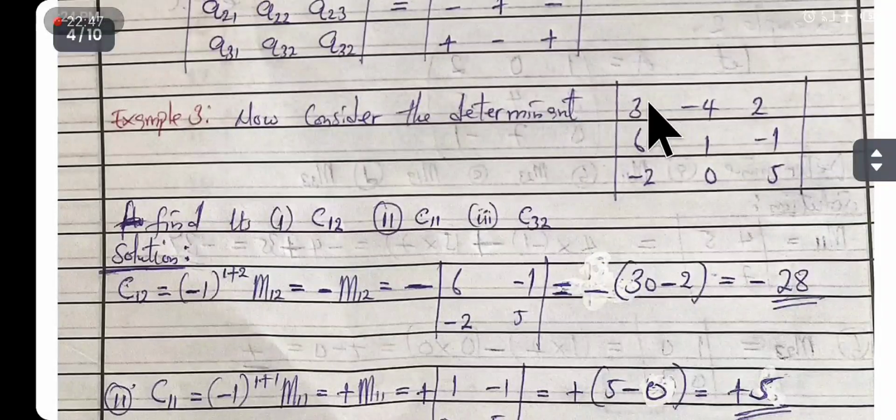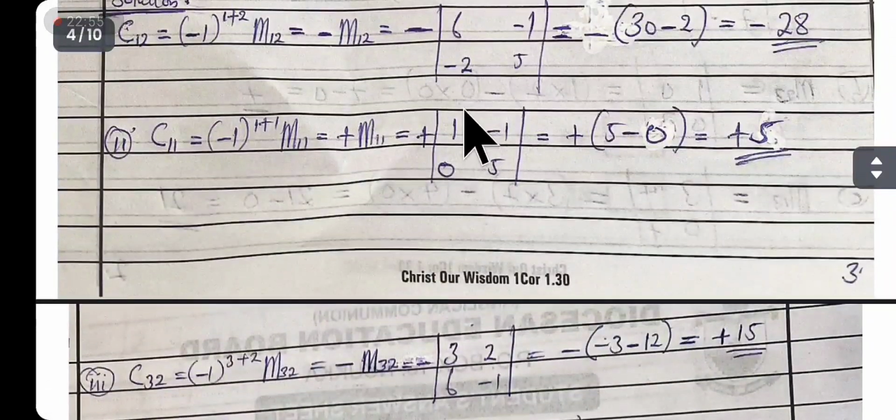Look at it here. So we are left with 1, -1, 0 and 5. That is 1 times 5, which is 5, minus -1 times 0, which is 0. So 5 minus 0 is 5. So look at the plus; the sign is plus.